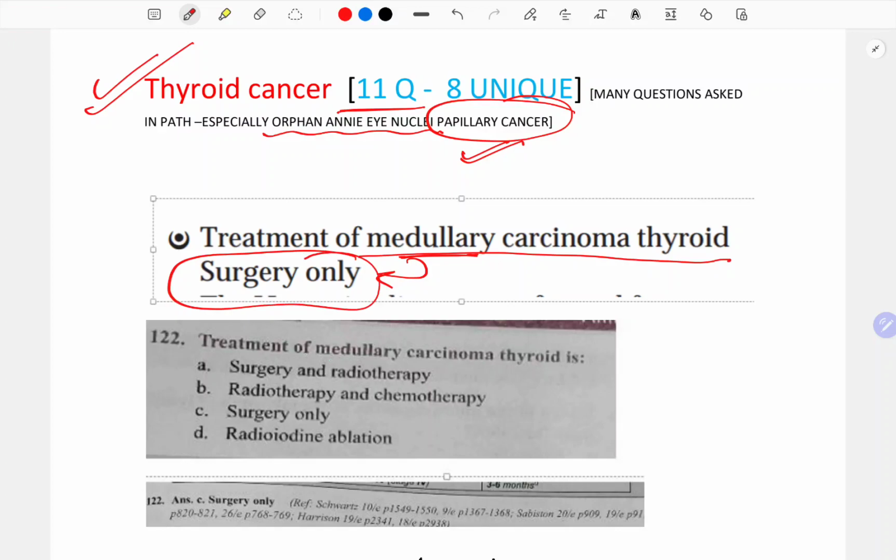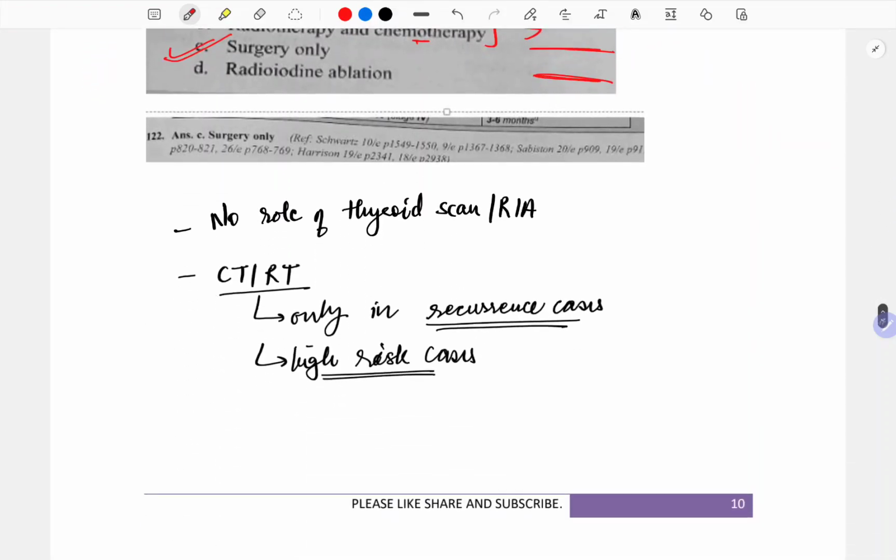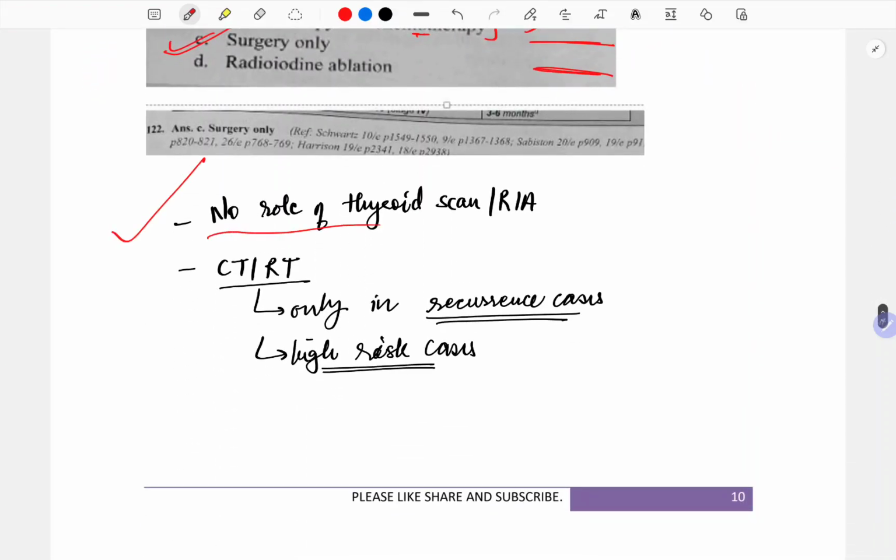Next question: the treatment of medullary carcinoma thyroid is surgery only. Don't mark radiotherapy or adjuvant chemotherapy. No, this is wrong. These are given only in cases which show high risk phenomena or which are recurrent cases. So just remember, there is no role of thyroid scan or RAI, and chemotherapy and radiotherapy only in recurrent and high risk cases.